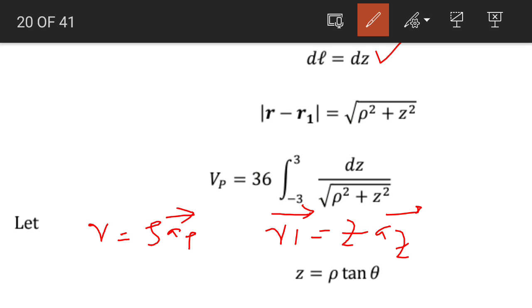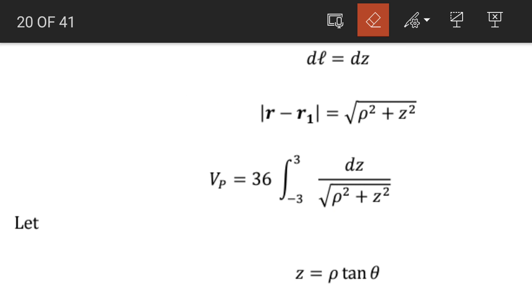R1 is the position vector of the small portion of the source, which is z az, and r is the position vector of the point under observation, which is rho arrow. So definitely r minus r1 will be equal to rho arrow minus z az, and the magnitude of r minus r1 will be equal to under root rho square plus z square.